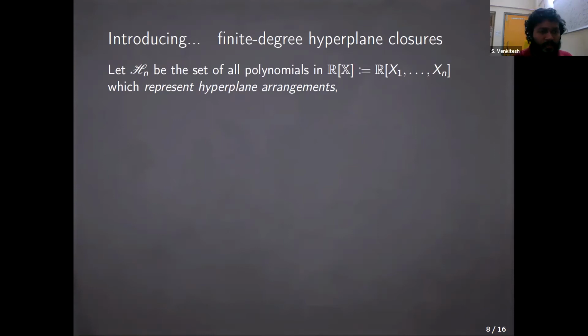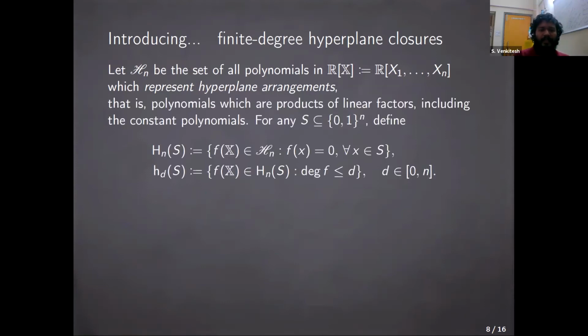So only collect those polynomials which correspond to hyperplane arrangements, and let me call that Hn of S. For a subset S, Hn of S is the set of all these hyperplane polynomials, so to speak, that vanish on S. And little hd of S is all those with degree at most d. A polynomial representing a hyperplane arrangement with degree at most d exactly corresponds to a hyperplane arrangement with at most d hyperplanes.